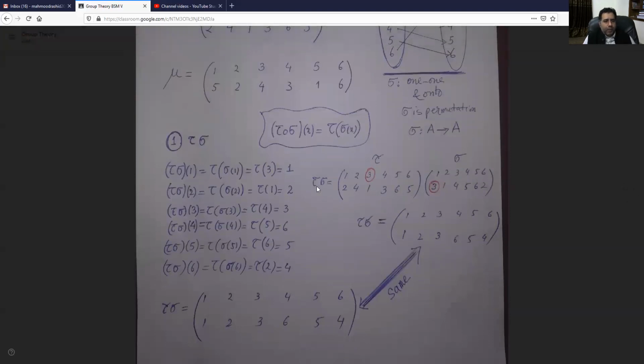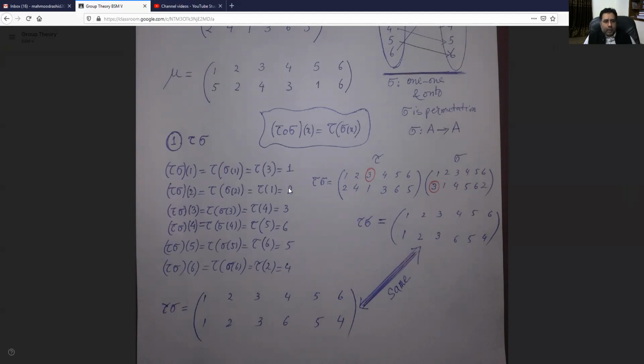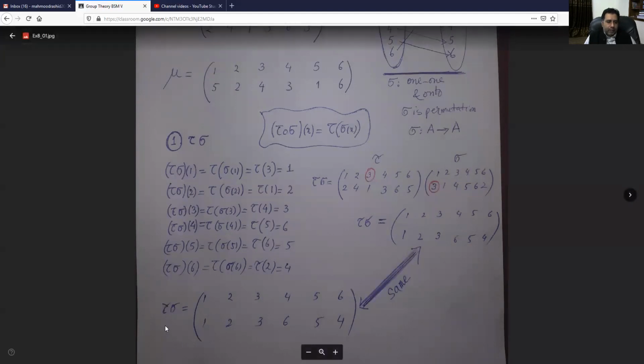So look at this. Tau applied on sigma. This is the permutation tau. This is permutation sigma. And we will move from right to left, because first sigma will be applied on each of these inputs, and then on the outputs given by sigma, tau will be applied to get the final output after the composition, and that is given here.